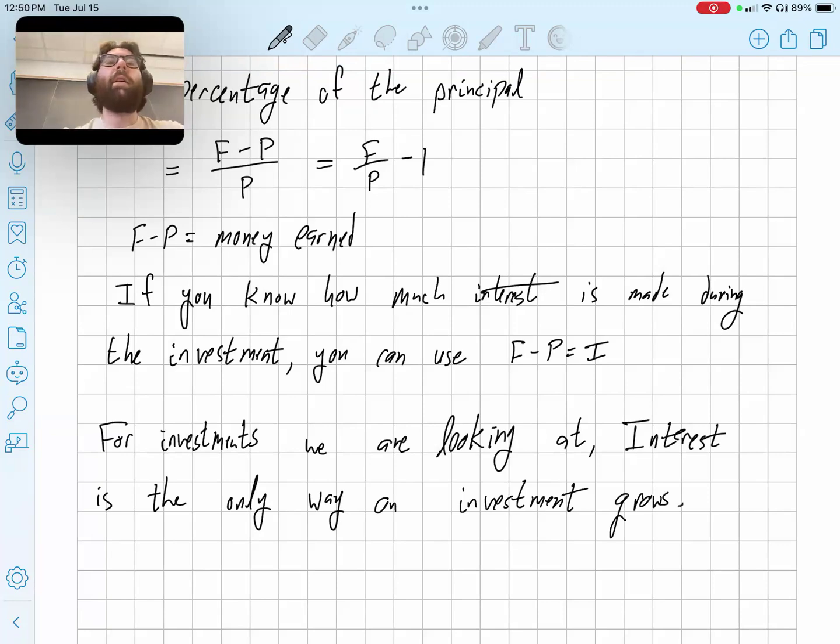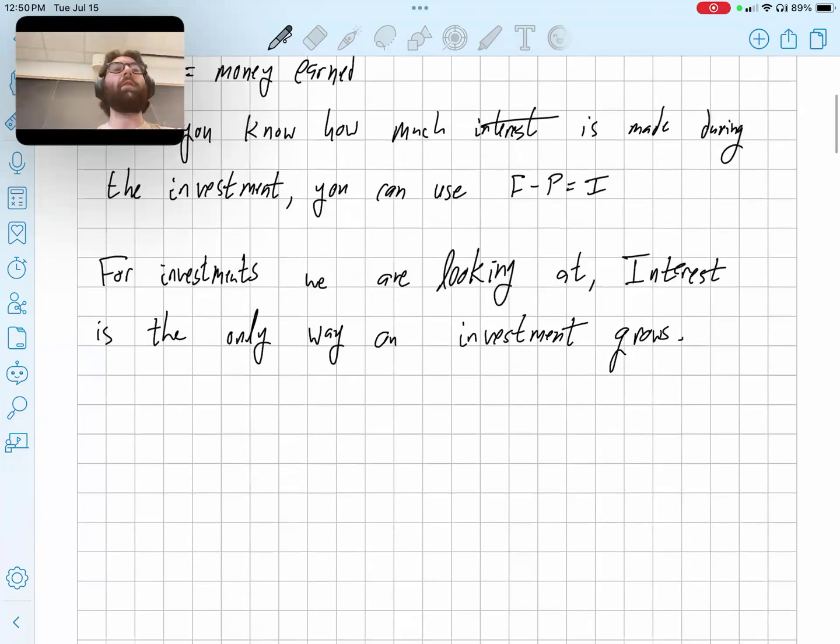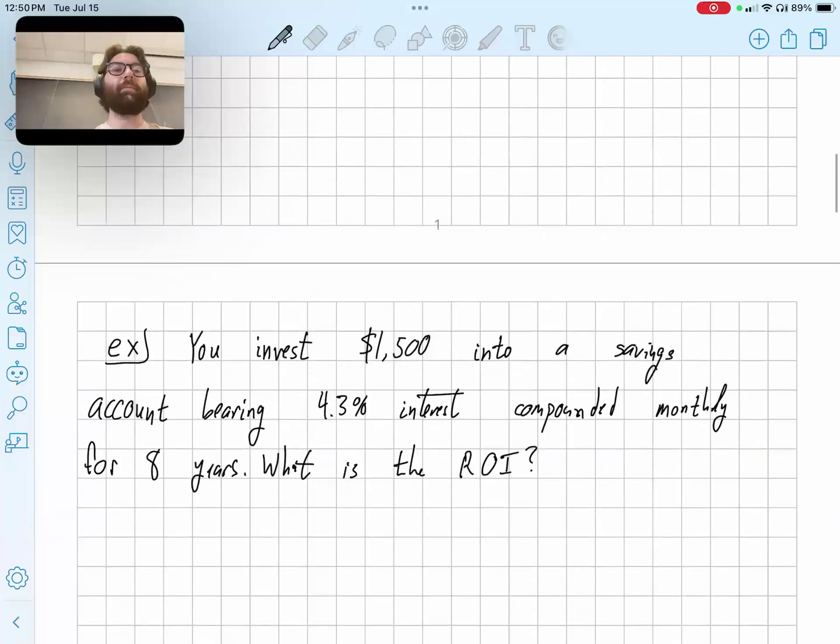In reality, there are other ways that investments can grow. You can invest in stocks, which we're not really going to talk about in detail, but you can have stock price increase, which increases the money that you make. But for what we're going to talk about, it's only going to be in the form of interest.